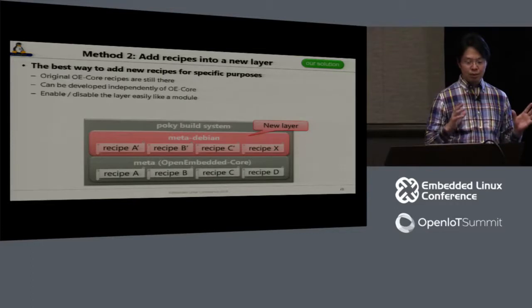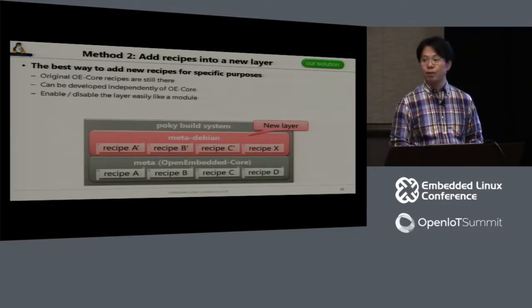Once we made modifications to OpenEmbedded-Core itself, we had serious issues. It's not maintainable. This is the biggest issue, because OpenEmbedded development is quite fast and moving forward a lot. So when we want to follow up with this kind of effort, we cannot do it anymore. So this is why we created meta-debian, completely separated from the OpenEmbedded-Core layer.